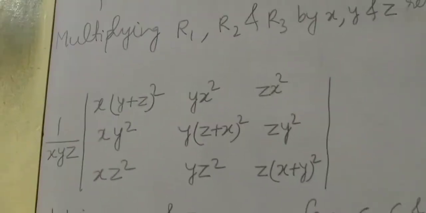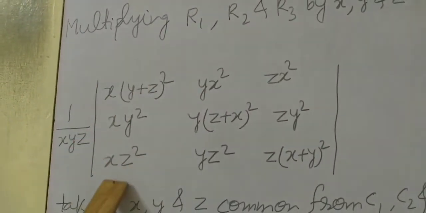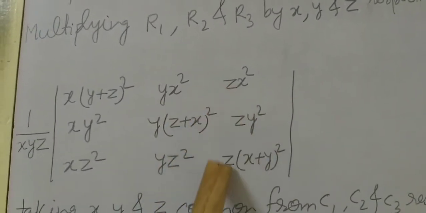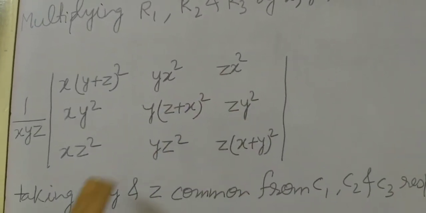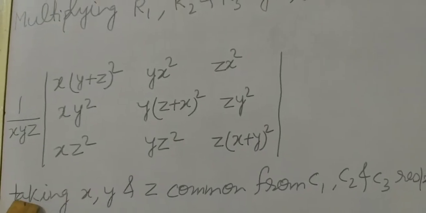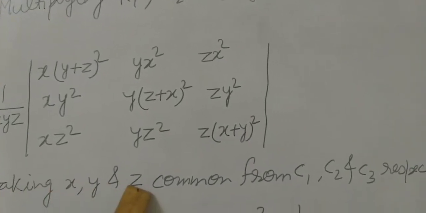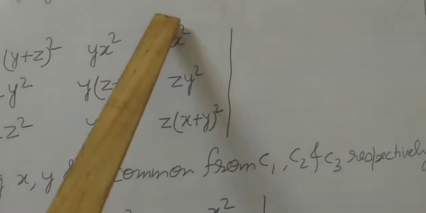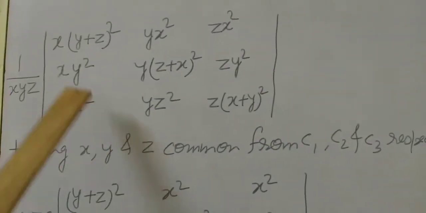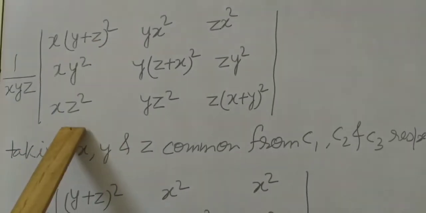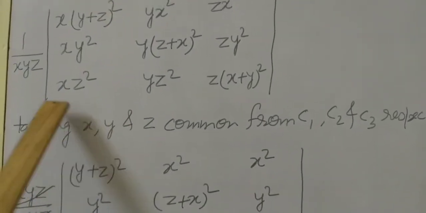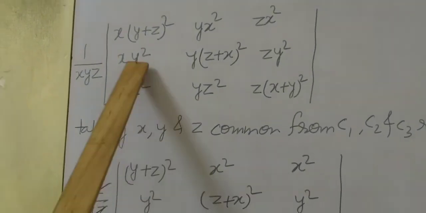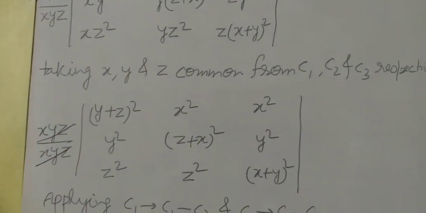So now, students, you can see x is common in C1, y is common in C2 and z is common in C3. So we are going to take x, y and z common from C1, C2 and C3 respectively. Let us take x common from C1. When we take x common, what is left here? (y + z) square, y square, z square.